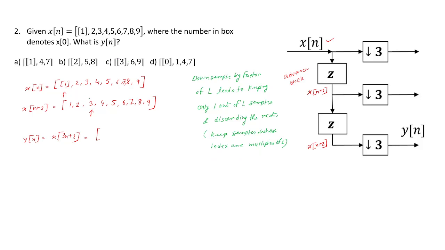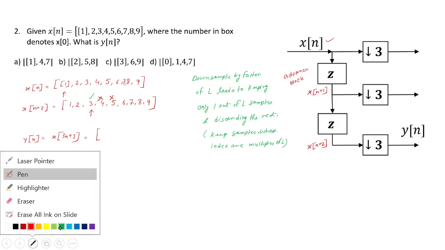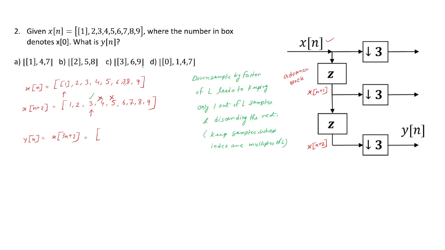So 0th index you are going to keep. You are cancelling out 4 and 5 because they respectively denote the first and second index. Oh, sorry, there should be a change of color here, better representation. This corresponds to first and second index, and then you keep 6 because this corresponds to third index.